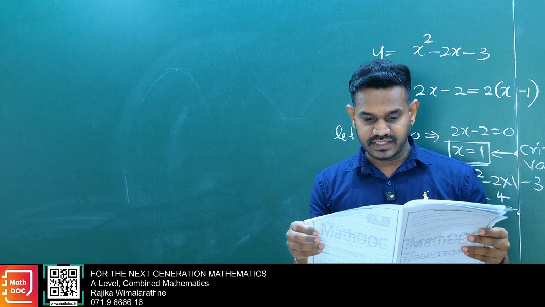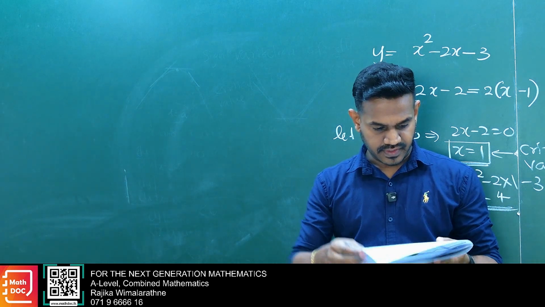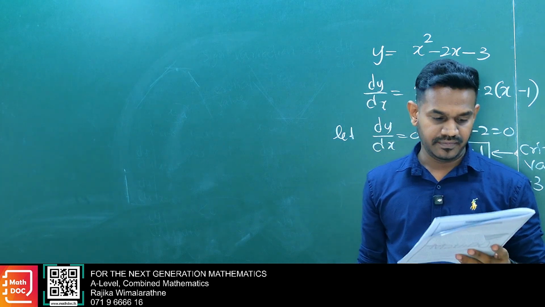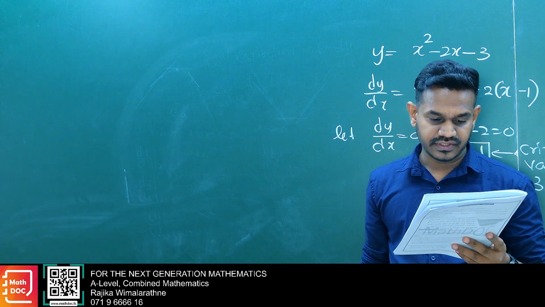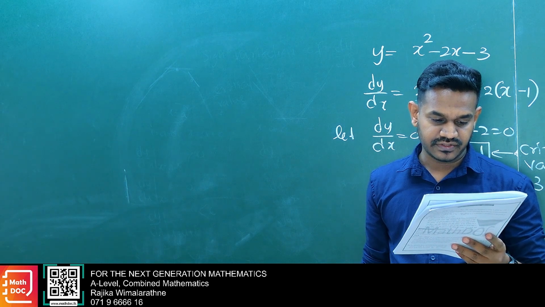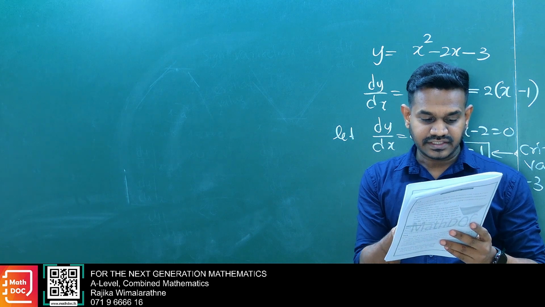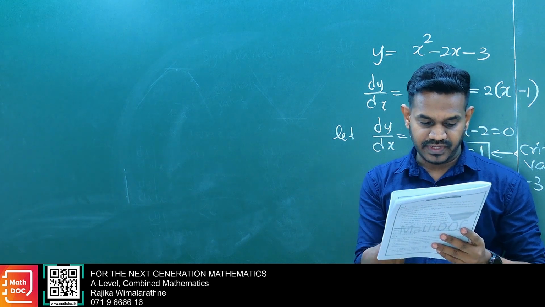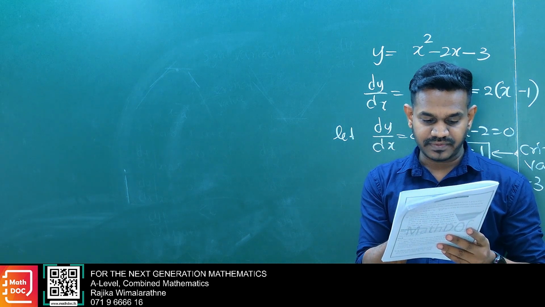Then again, the last one. Go to 2021 part B. The shaded region S of the adjoining figure shows a garden consisting of a rectangle and two sectors. Show that the perimeter P of S is given by 2x plus 72 over x.